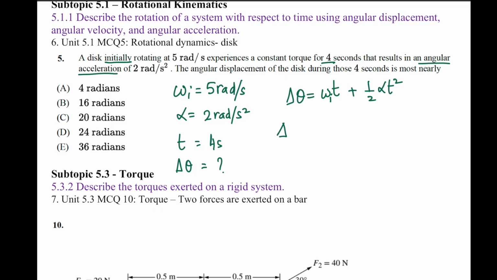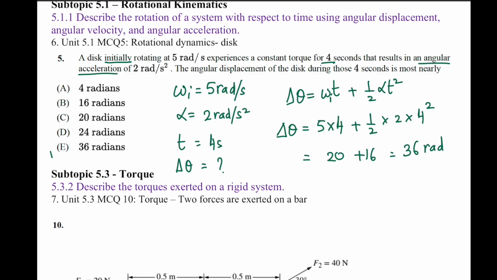Let's substitute the values: 5 multiplied by 4, plus half times 2 times 4 squared. That comes out as 20 plus 16, which will be 36 radians. That's our answer.